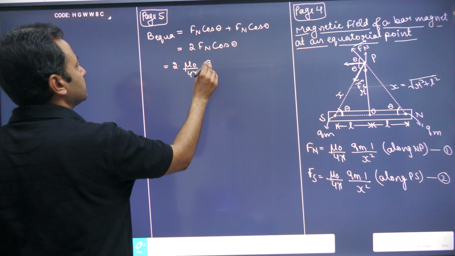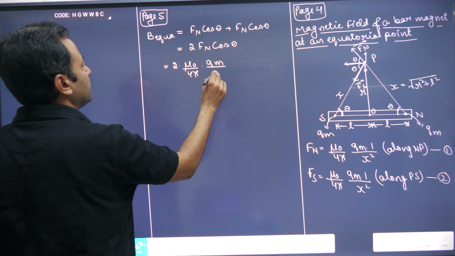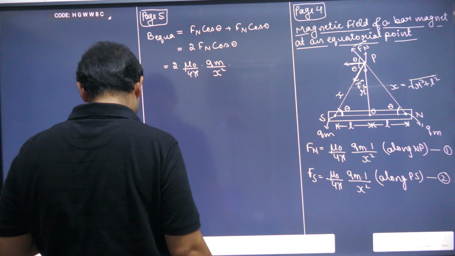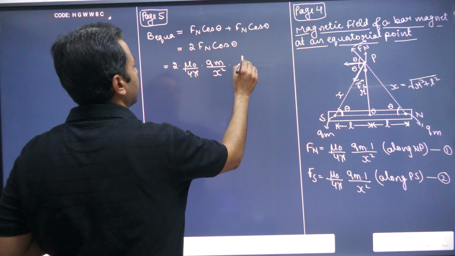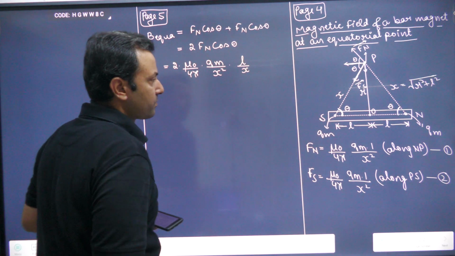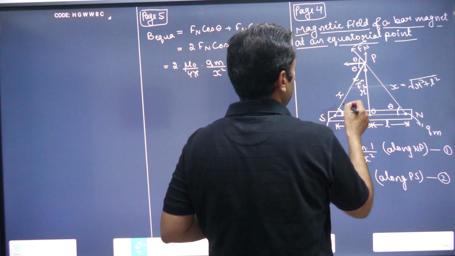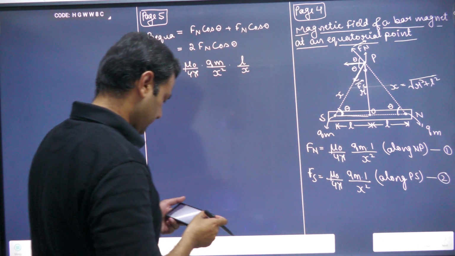Mu naught upon 4 pi times Q1 upon x square, times L upon x. What is cos theta? Cos theta is base upon hypotenuse, L upon x.